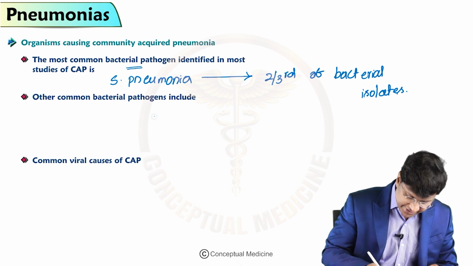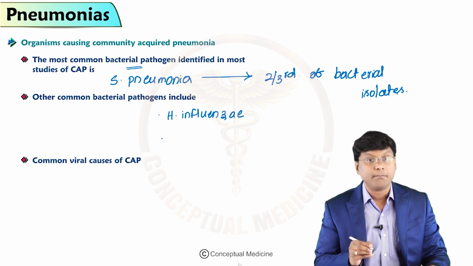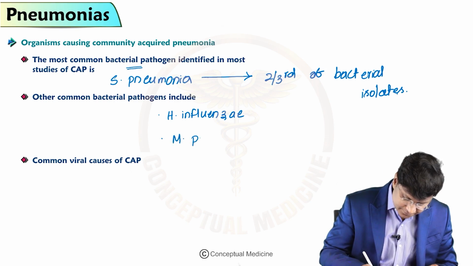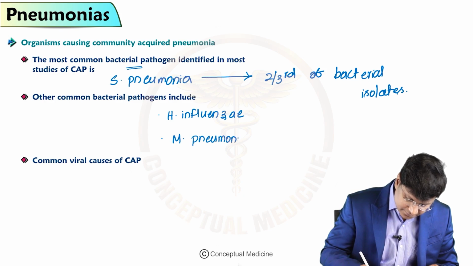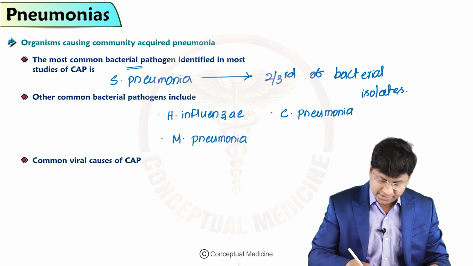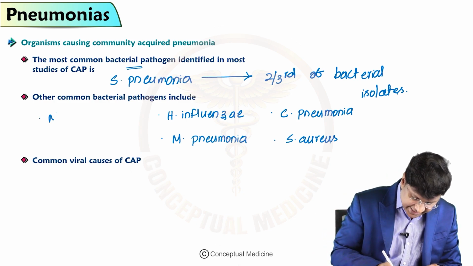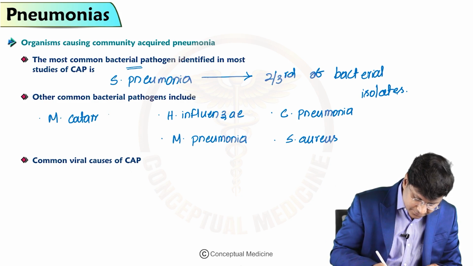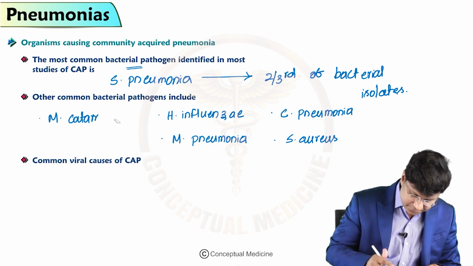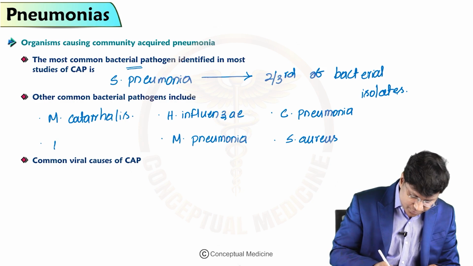That includes Haemophilus influenza, number 2, Mycoplasma pneumonia, Chlamydia pneumonia, number 4, Staphylococcus aureus, Moraxella catarrhalis, then Klebsiella pneumonia.